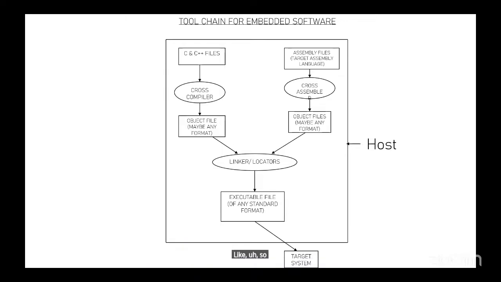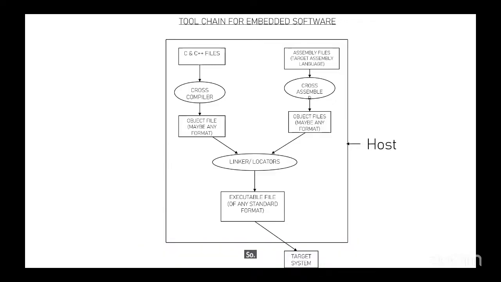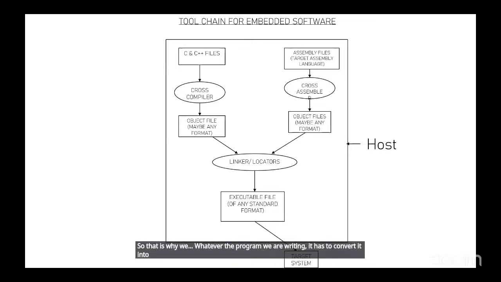We can write the program in either C or C++, or if more feasible, in assembly language also. As the computer world or embedded system understands only ones and zeros, whatever program we write has to be converted into its own binary code or hex code. For that, we are using these tool chains.